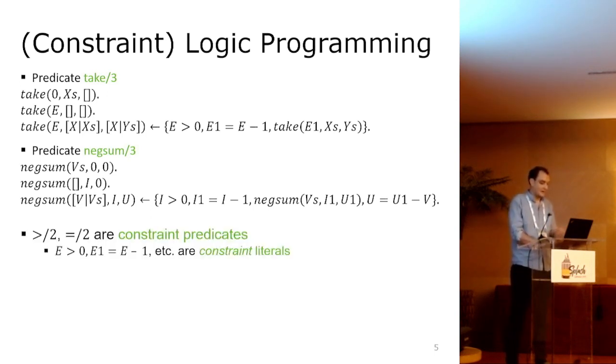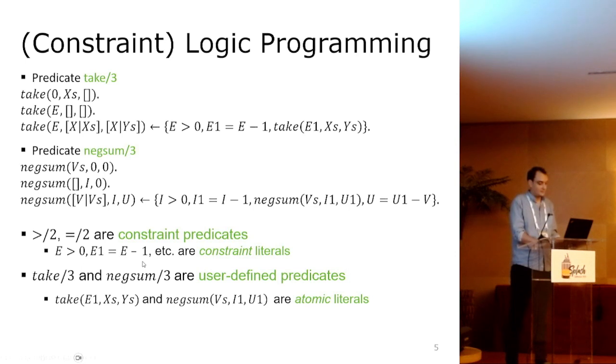And as for syntax, we say that the predicates that allow to compare numeric elements are constraint predicates. So we have constraint literals that are built upon constraint predicates. And then we have user-defined predicates, in our example, take and next sum, which are both recursive.